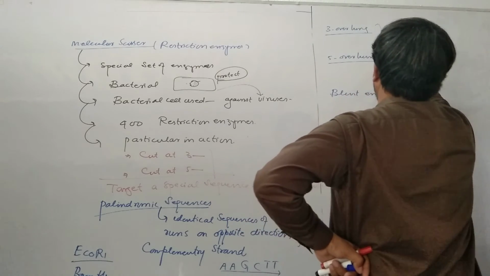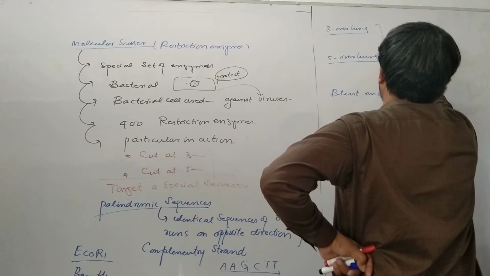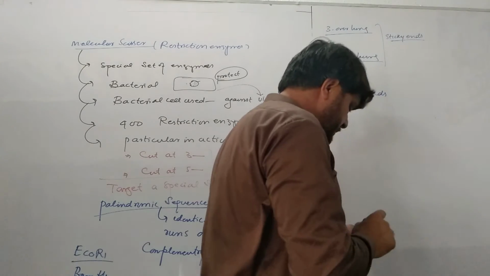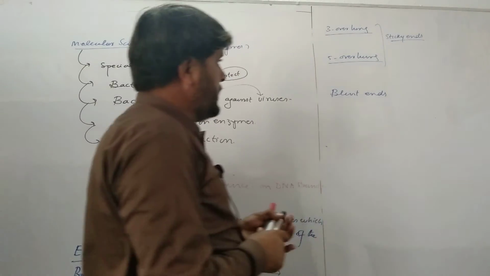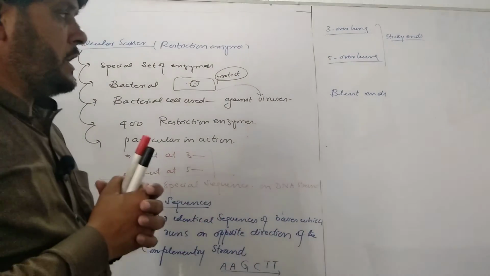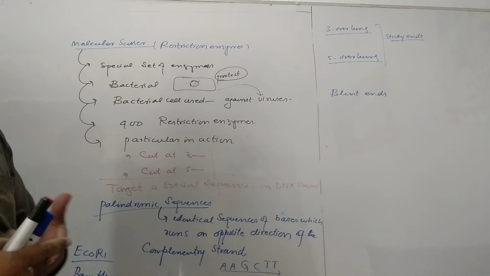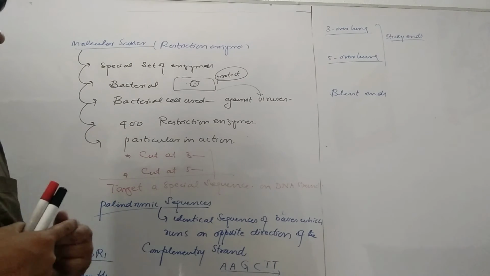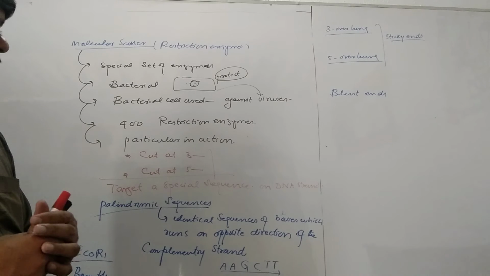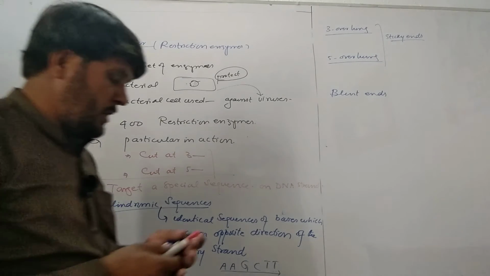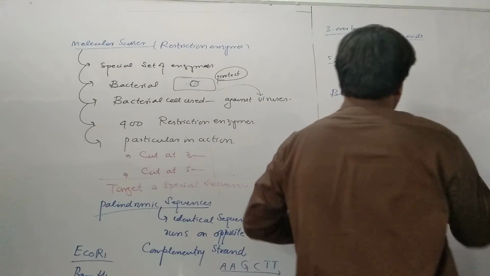These are the sticky ends. What is the meaning of sticky ends? Those ends which have the ability to overlap with a particular DNA strand are called sticky ends, and those ends which have no ability to overlap with a particular strand are called blunt ends.